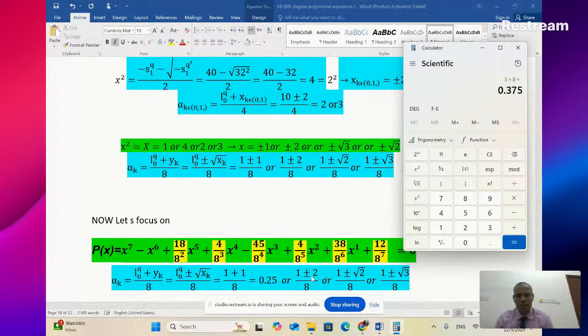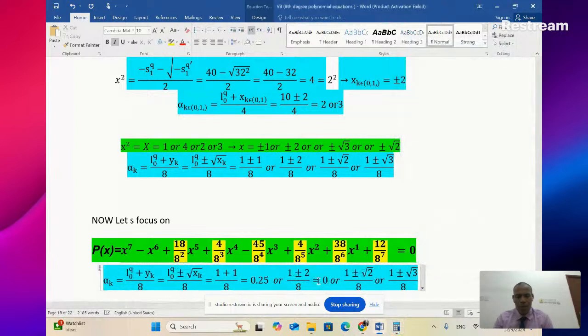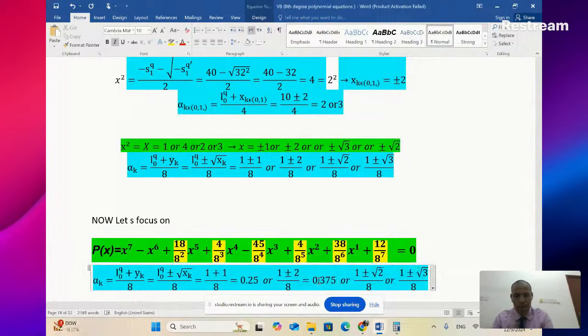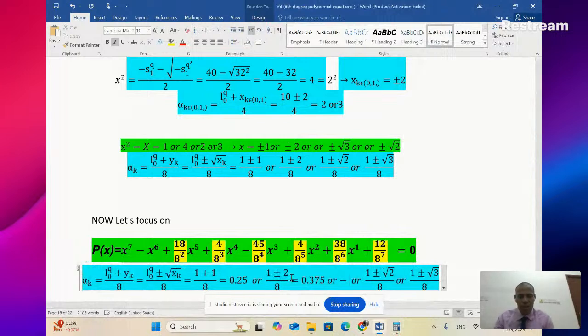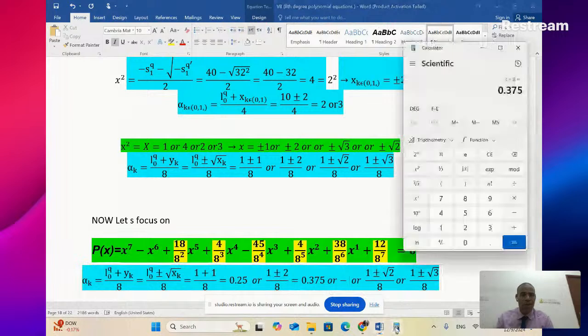So I will make this one equal 0.375, or also when it will be minus, it will be 1 minus 2, which gives 1 over 8. So 1 divided by 8.